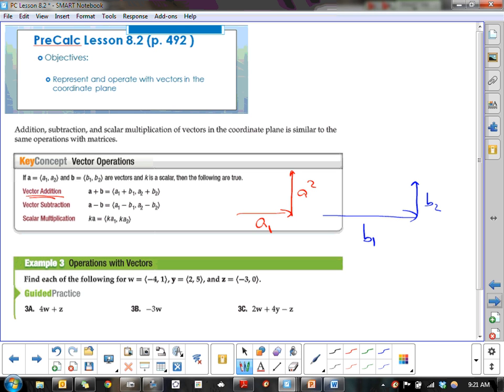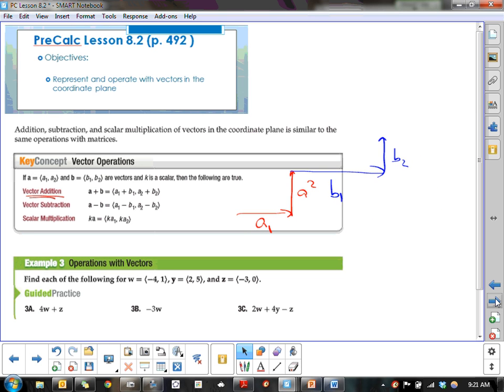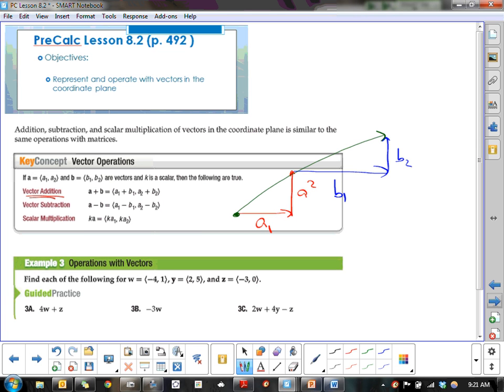Vector addition. How would you add two vectors? Well, if I wanted to add vector A into vector B, I'd have to do tip to tail, which means this stuff here would have to go there. And in the end, our resultant vector would go from here to here. How far to the right would we have traveled? A1 plus B1, see what they're doing. And how far vertically would you have gone?